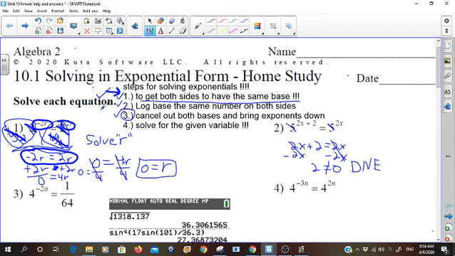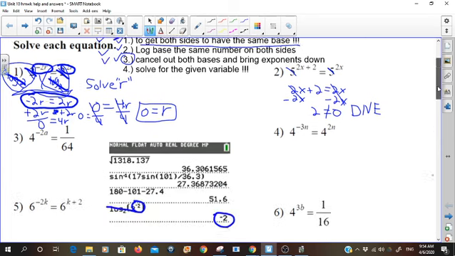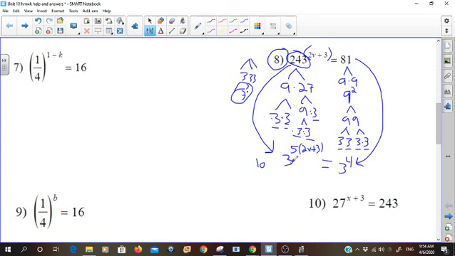And so that's what we're about to do, cancel out both bases, bring down the exponents, and then solve for the given variable. So now we log base 3 on both sides. We'll explain what log is in the future. But in this case, it's basically just going to get rid of your bases. That's what we want to learn.